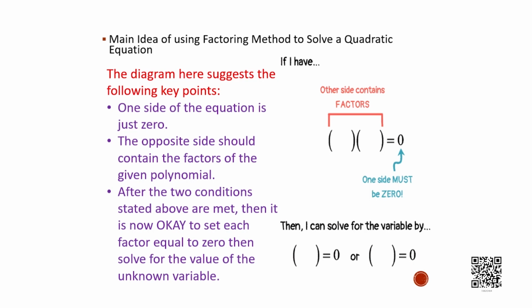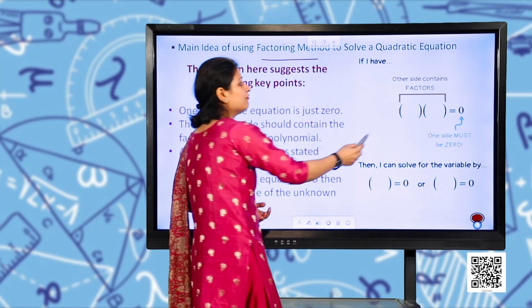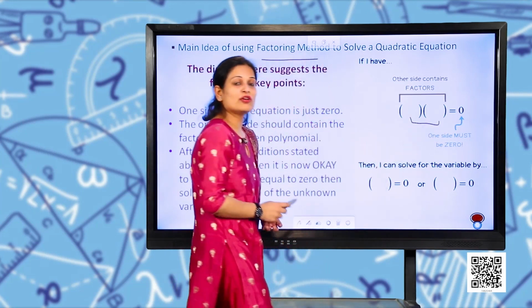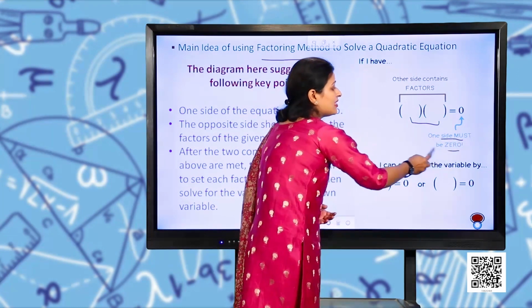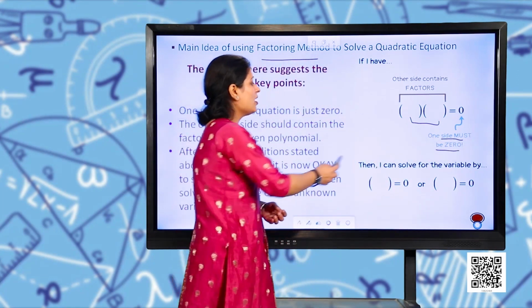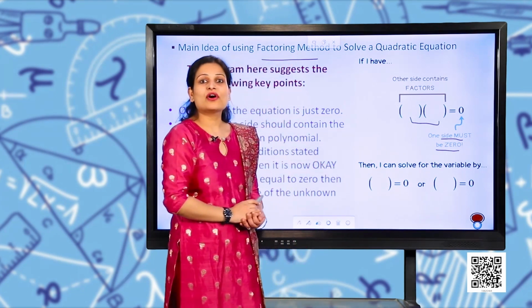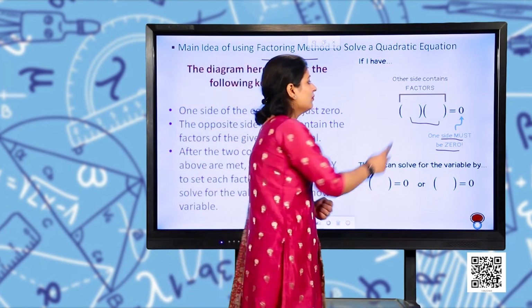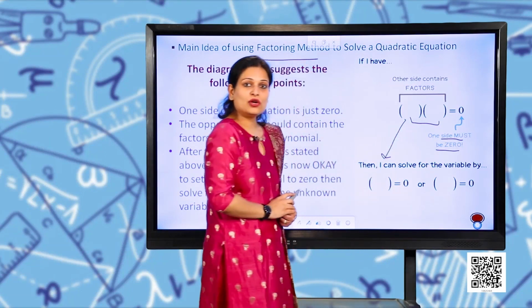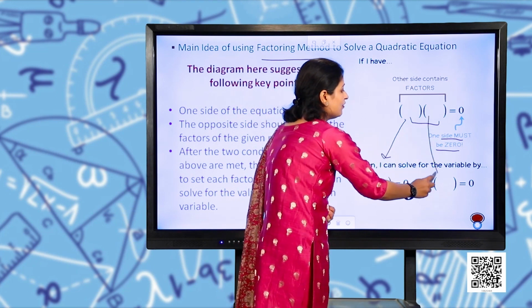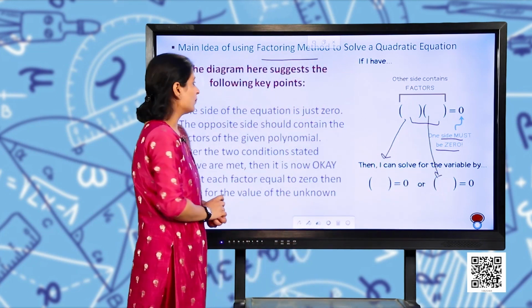What I mean to say is, the main idea of using the factoring method to solve a quadratic equation is: if I have the factors of the polynomial on one side and on the other side I have 0, I can easily solve for the variable. What we have to do? This factor must be equal to 0 or the second one must be equal to 0.